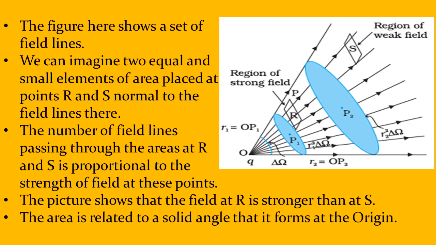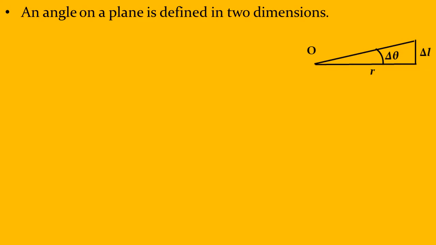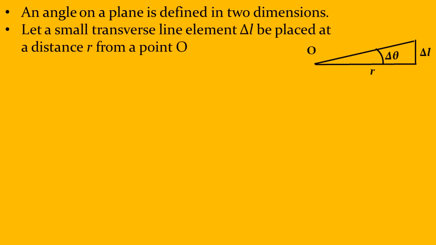The area is related to a solid angle that it forms at the origin. If you see an ice cream cone, it is a solid angle. Now, in case of an angle in two dimensions, it is represented like this.